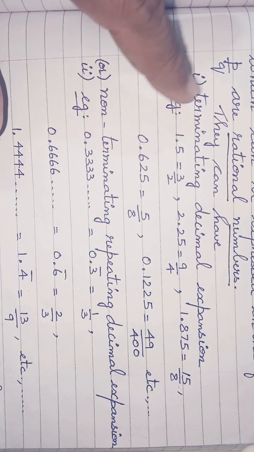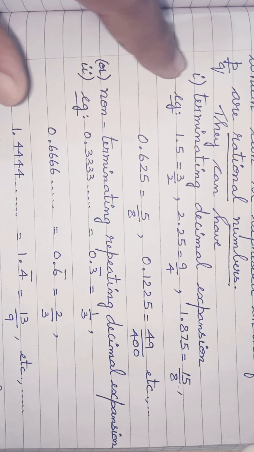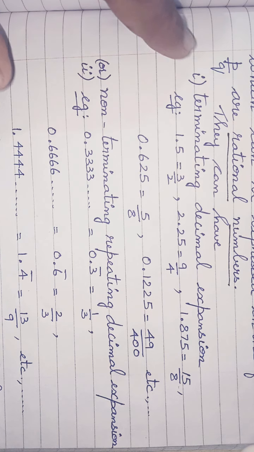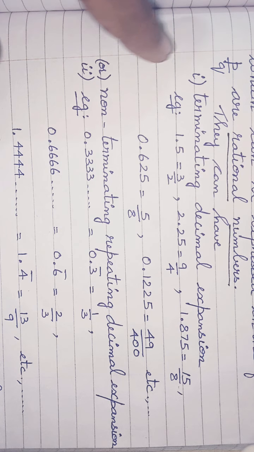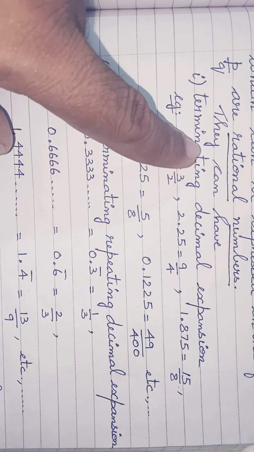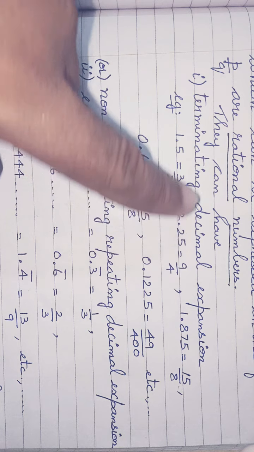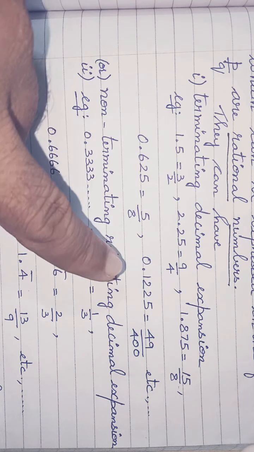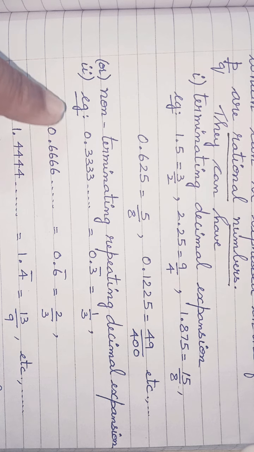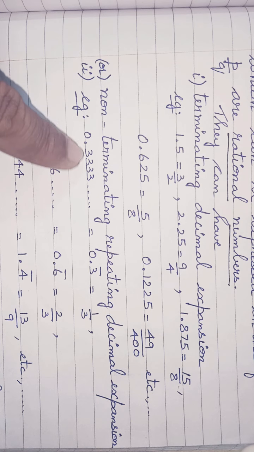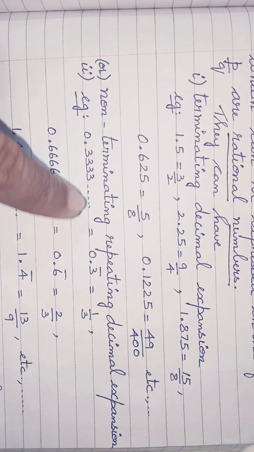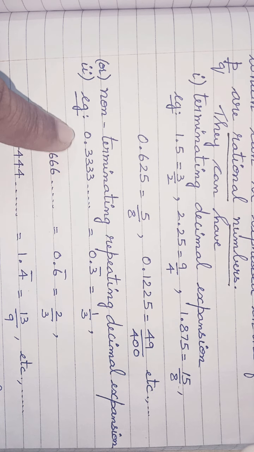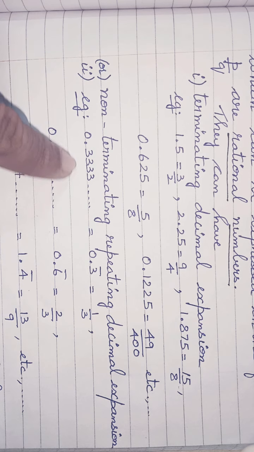Now both will come under the category of rational numbers. Rational numbers can occur in two forms. Either they will have a terminating decimal expansion, in that case also they can be written in the form of p by q as I have shown here, or even if they are having a non-terminating decimal expansion, they will have a repeating decimal expansion like this, where the same digits are repeated again and again.